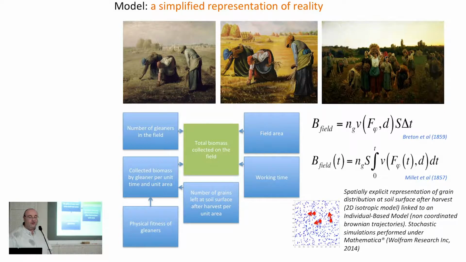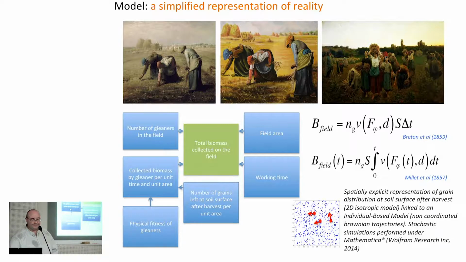In green, you have the output variable that we want to model, let's say the total biomass collected on the field. And then you can make some assumptions. You can say, okay, if I want to predict the total biomass collected on the field, it will depend on the number of gleaners in the field.